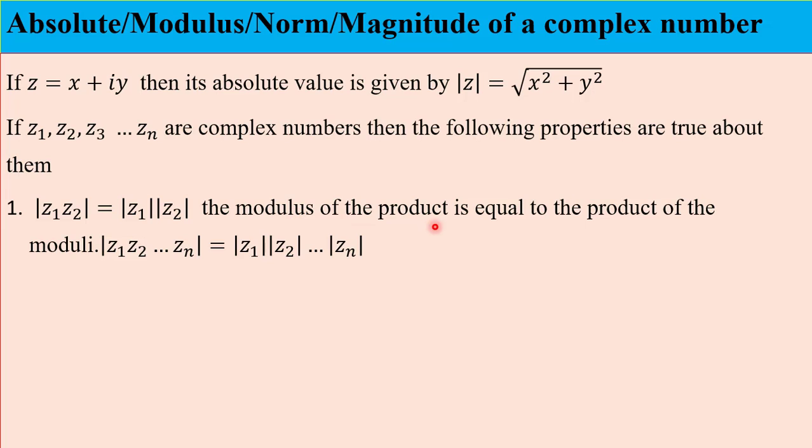Therefore, the modulus of the product is equal to the product of the moduli. Also, the modulus of z1 z2 up to zn is equal to the modulus of z1 times the modulus of z2 times up to the modulus of zn. So that is the first property for the modulus of the complex numbers z1, z2, z3 up to zn.